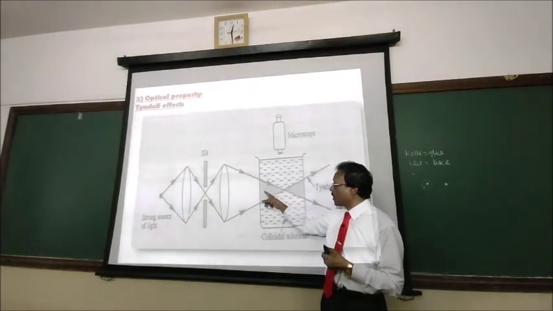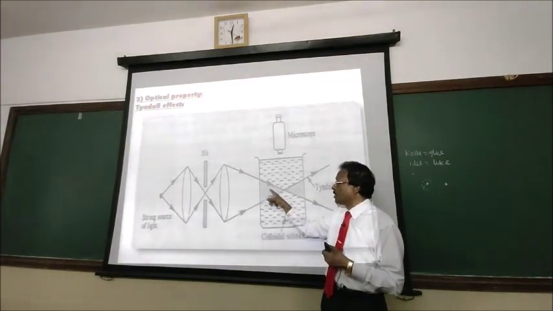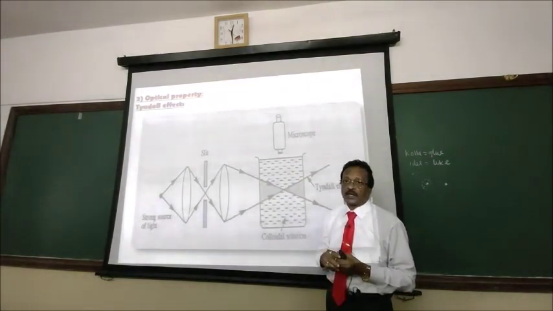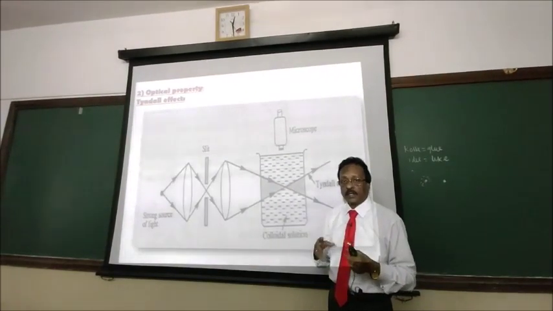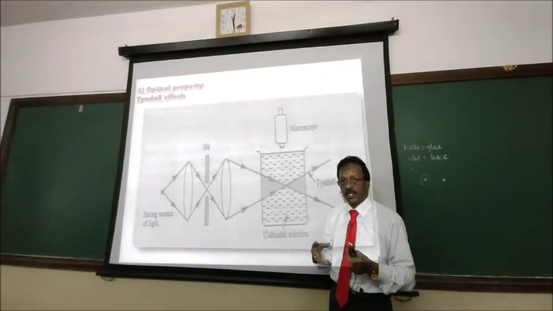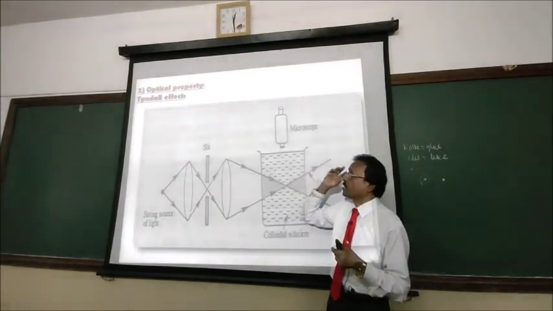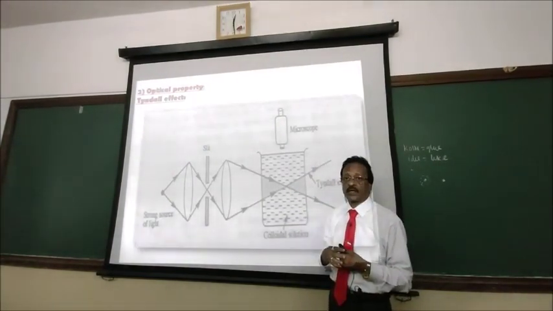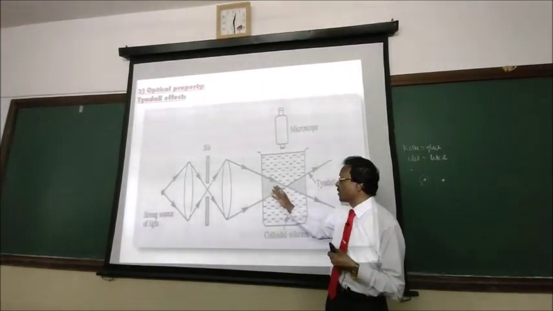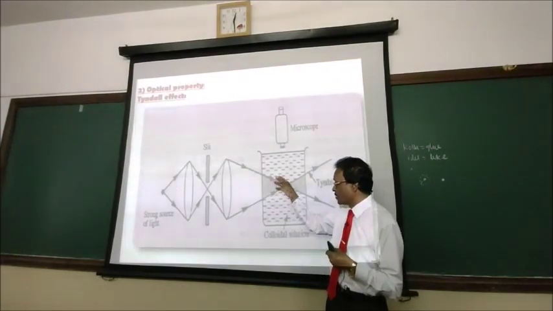This is a good optical property because of the scattering property. This cone is called the Tyndall cone, and this is the Tyndall effect. The process of scattering the light rays from the surface of the colloidal particle is called the Tyndall effect. Because of this scattering property, the bright Tyndall cone appears in the colloidal dispersion.